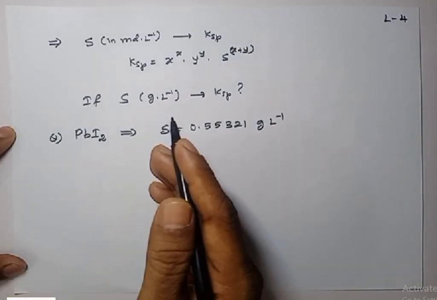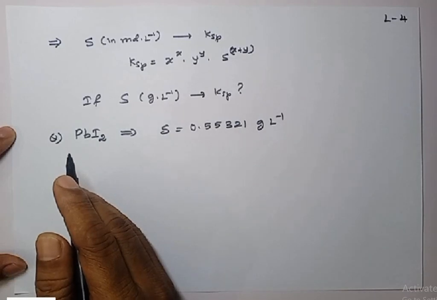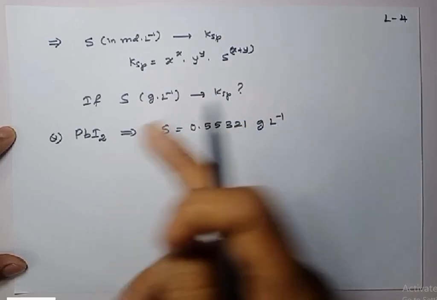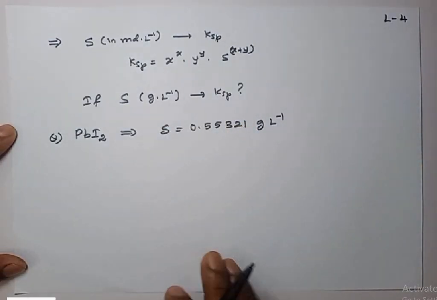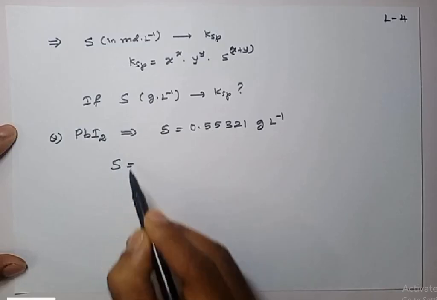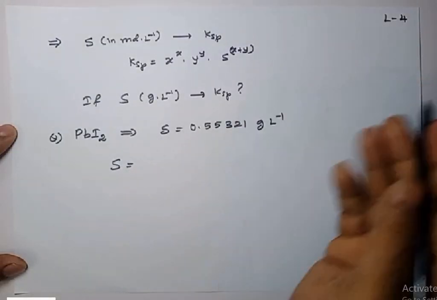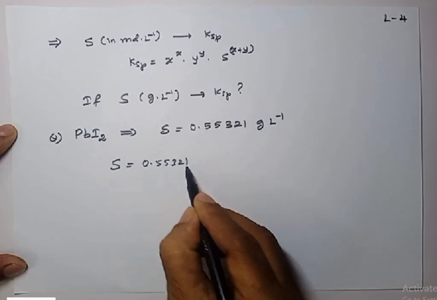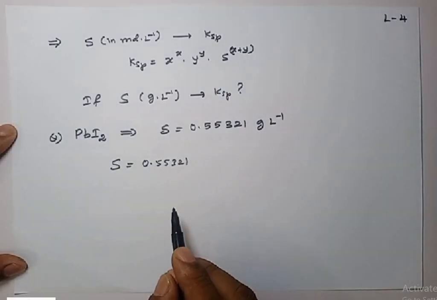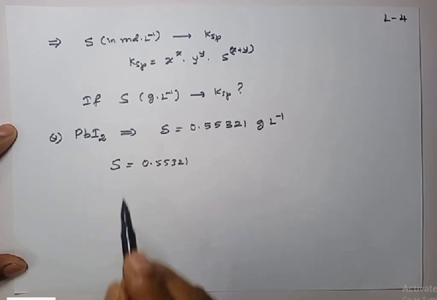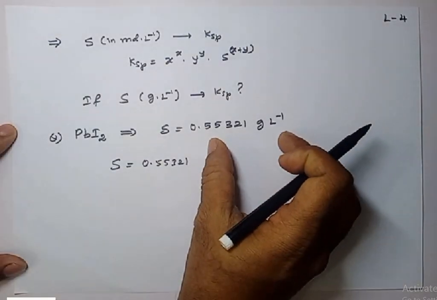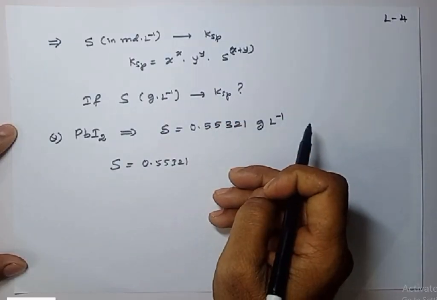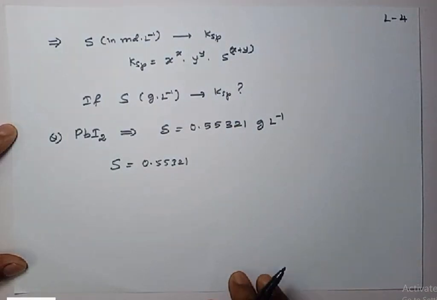Remember, to calculate Ksp, we need to convert solubility from gram per liter into mole per liter. How to convert gram per liter into mole per liter? Very simple. We need to divide this value by the molar mass. Gram means mass, and if we divide mass by molar mass, we get the number of moles, correct?